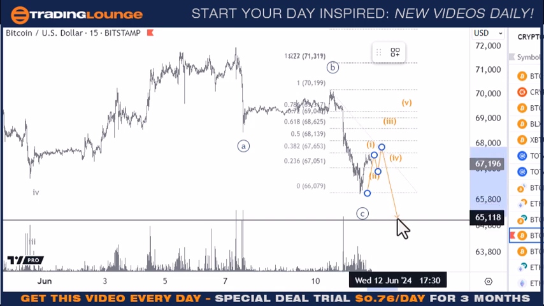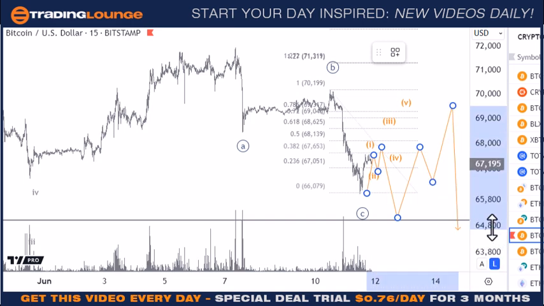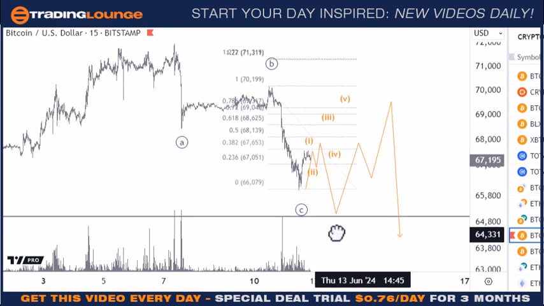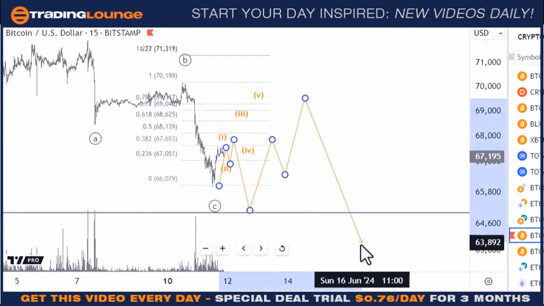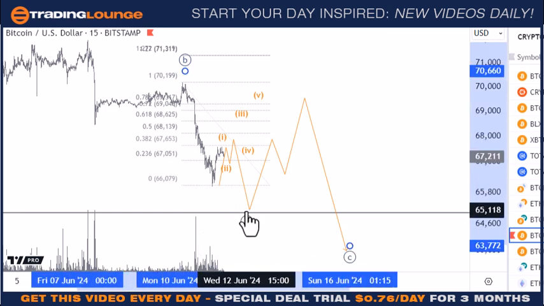If we get that move down here, then we're going to get an A and a B and a C wave over here, and then we're going to come down. That means that this would be over here, and then this would give us 5 waves down.